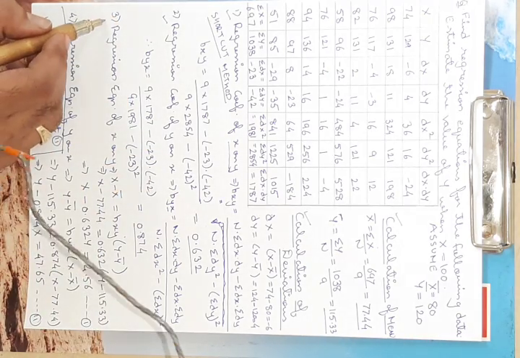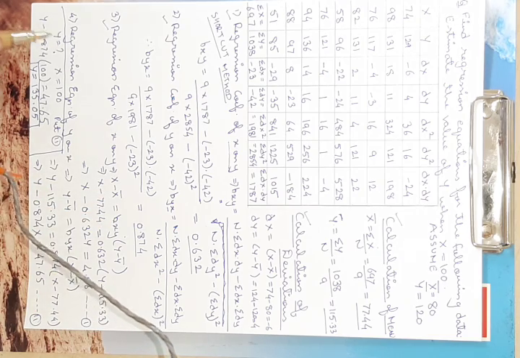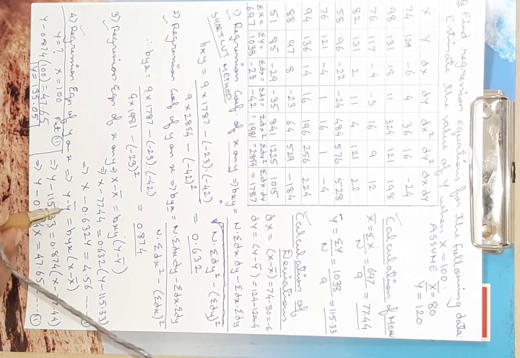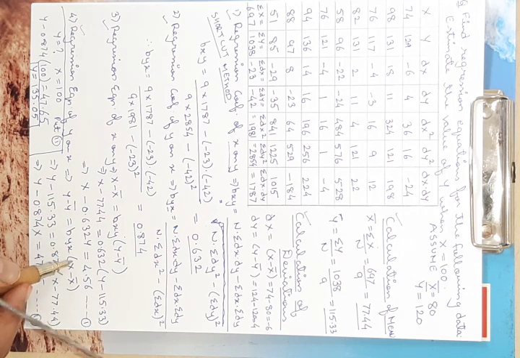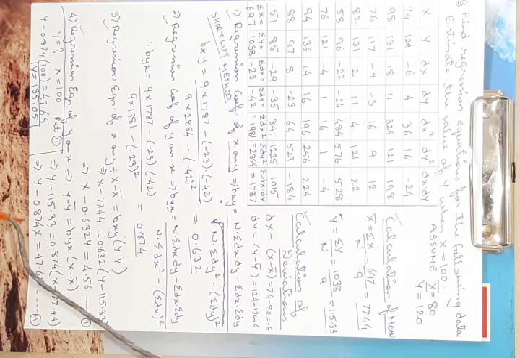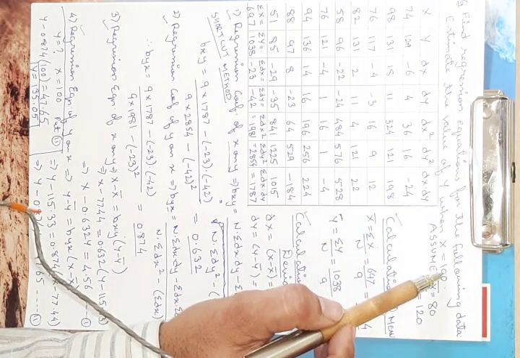After that, we have calculated the regression equation of x on y using this particular formula, and regression equation of y on x using this particular formula, that is y minus y bar is equal to byx into bracket x minus x bar. Now once these two equations are known to us, what is given is to estimate the value of y when the value of x is 100.